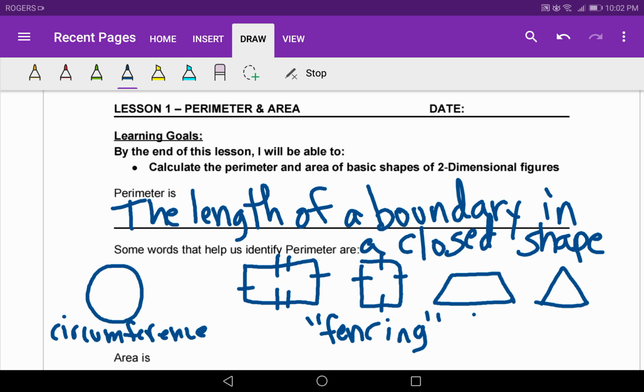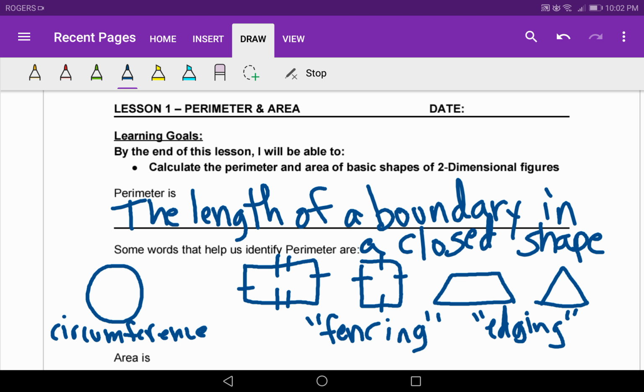Sometimes you'll see the word edging. If you're doing a garden, you want to put what's called edging around the garden to enclose your garden with something, whether it's some sort of interlock brick or just some plastic edging that you can buy at the store. That's another real life example of calculating perimeter.